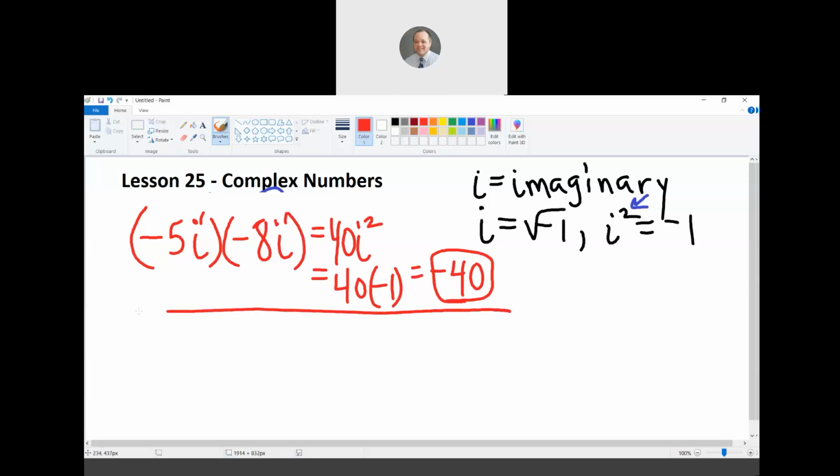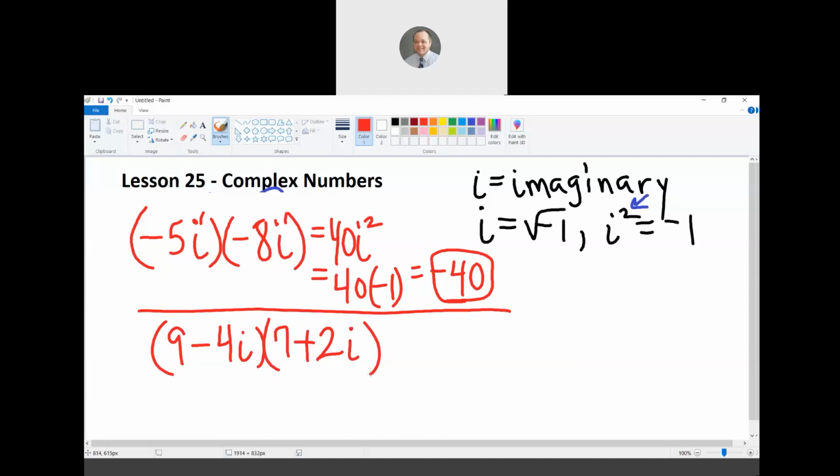Let's look at a FOIL method problem. We have 9 minus 4i times 7 plus 2i. We can use the FOIL method because we still have a binomial times another binomial.